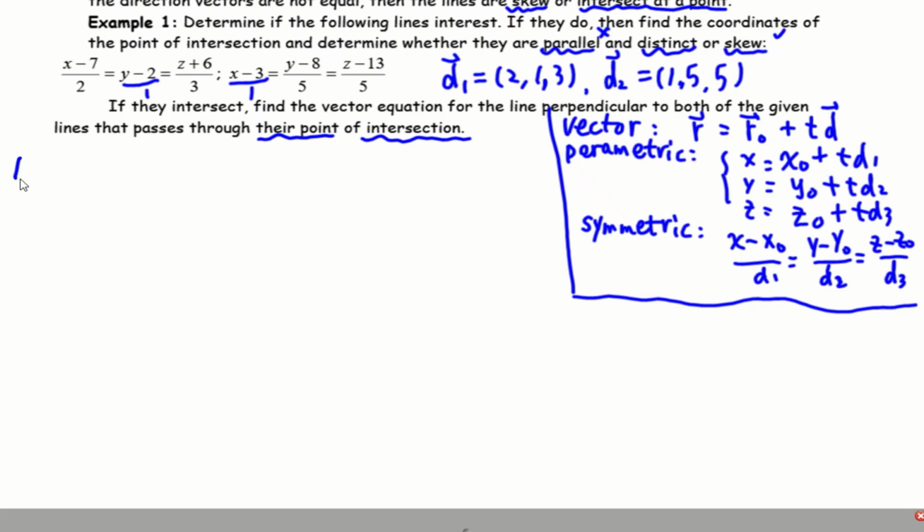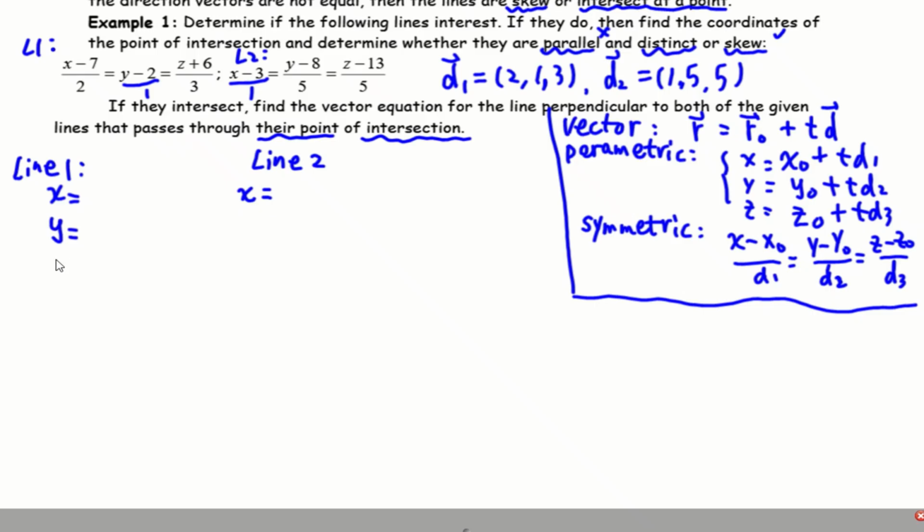So this is our first line, and this is our second line. The reason why we want to write these in parametric form is that then the corresponding x equals, corresponding y equals, corresponding z equals, and we can get rid of the x, y, z from the 2 lines. That is what we want, to get rid of the x, y, z, okay?